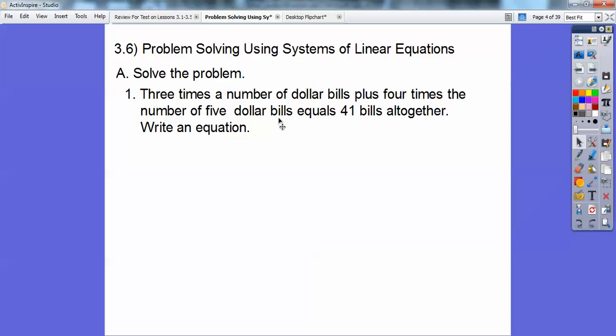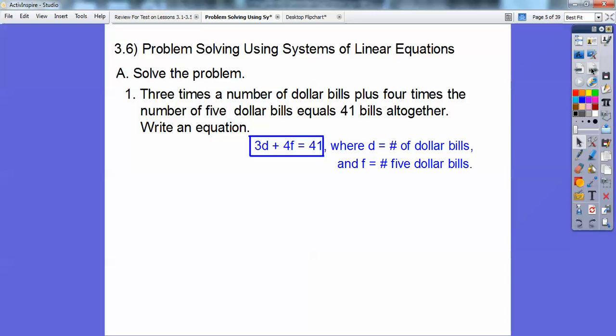D will be the number of dollar bills and F will be the number of $5 bills. So 3 times my dollar bills, that would be 3D, plus 4 times the $5 bills, that would be 4F, will equal 41 bills altogether. So that's what I have right there.